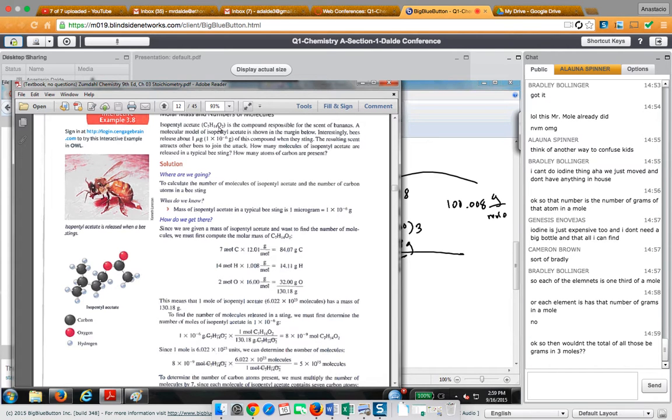A molecular model of isopentanol acetate is shown in the margin below. Bees release about 1 microgram of this compound when they sting. The resulting scent attracts other bees to join the attack. How many molecules of isopentanol acetate are released in a typical bee sting? How many atoms of carbon are present?